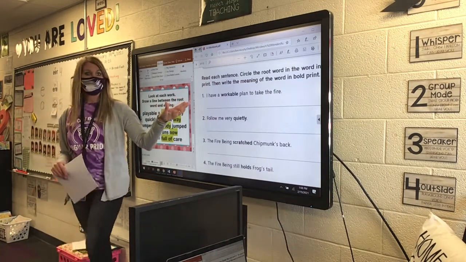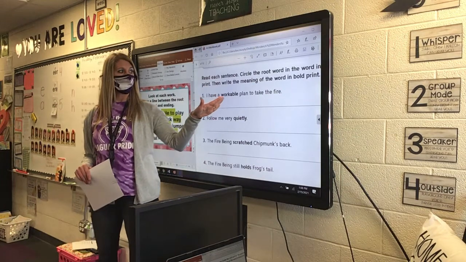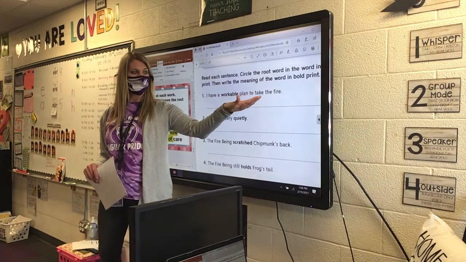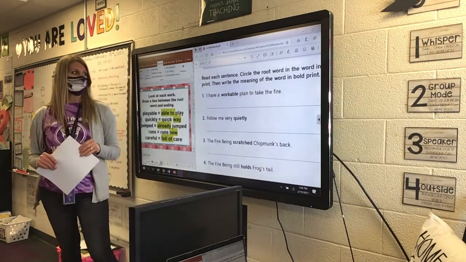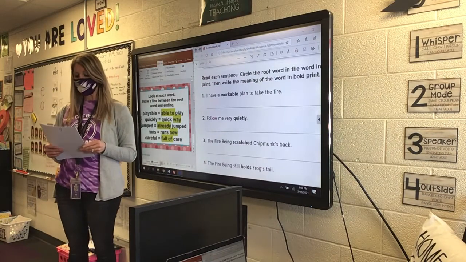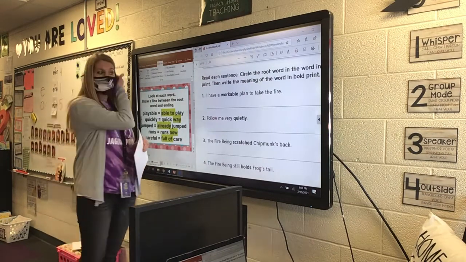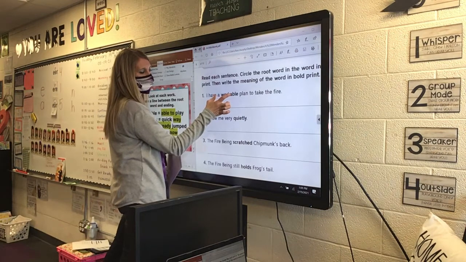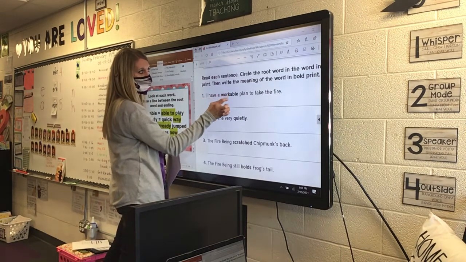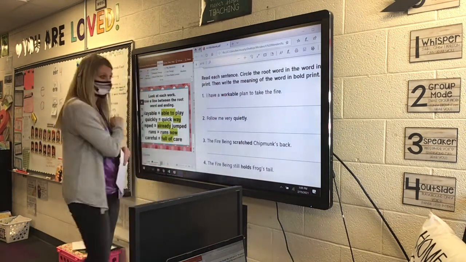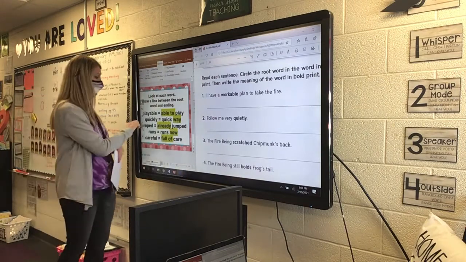So number 1 says, I have a workable plan to take the fire. Now, I am going to circle the root word. So look at this bold print word, which is workable. My root word is work. So I'm going to circle work.